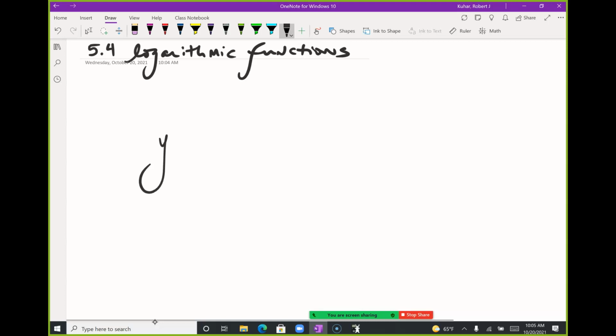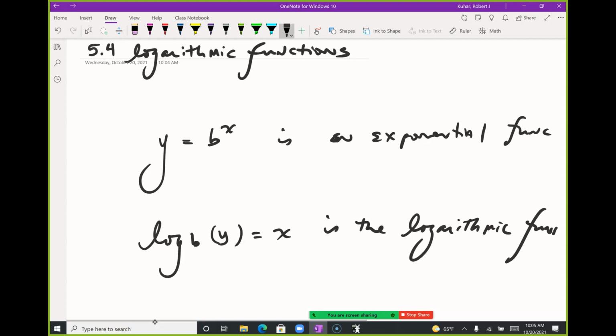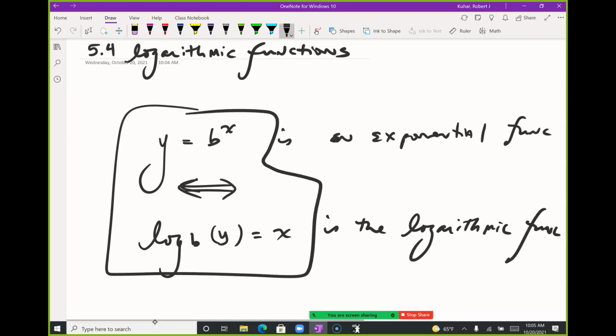We're going to say that y equals b to the x is our exponential, and log base b of y is x is the logarithmic function. This double arrow means they're equivalent. They're logically equivalent. They're inverses of each other, okay?